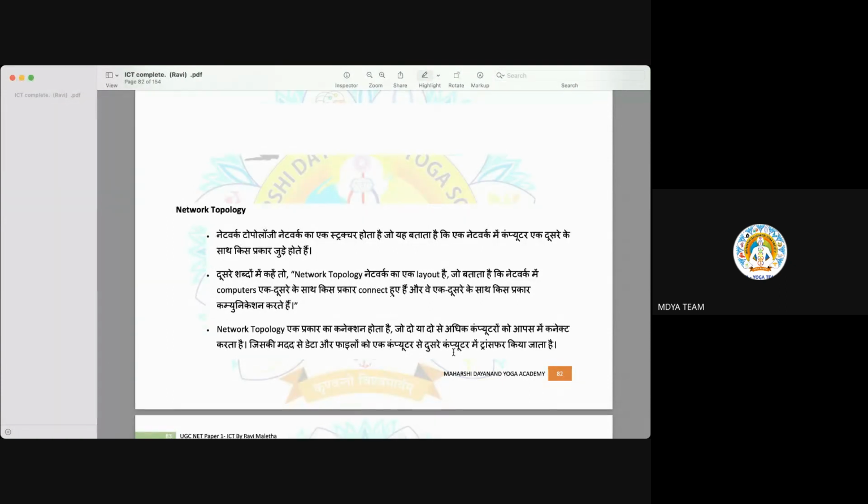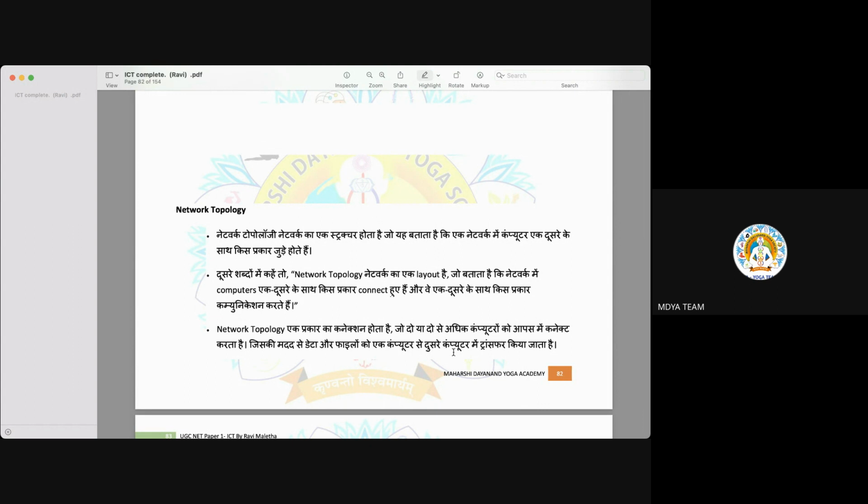Okay. So network topology means what? How these systems or computers are connected to have a particular defined communication with them. The term topology has various types.